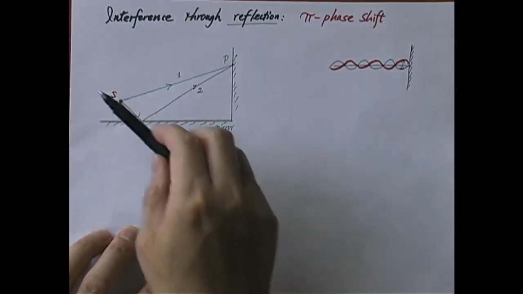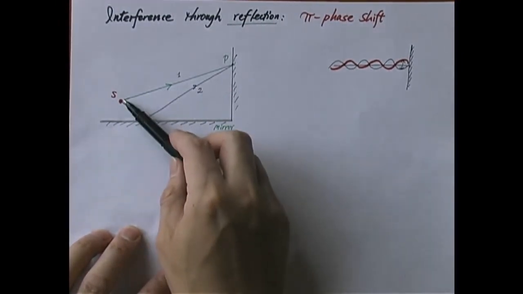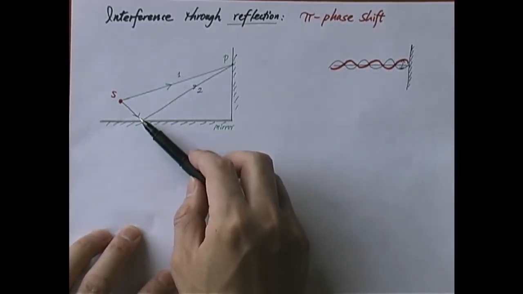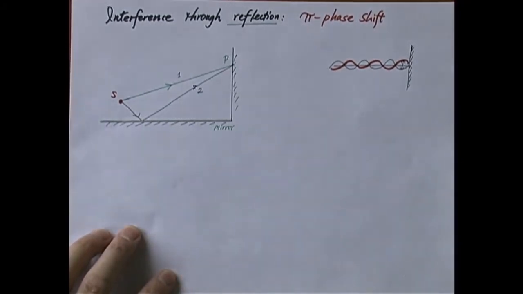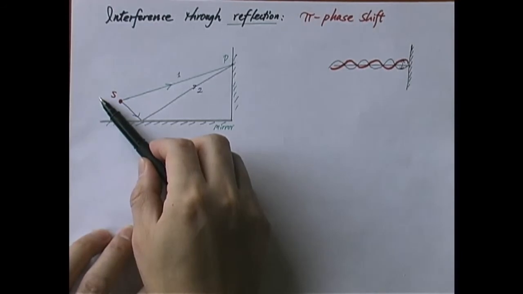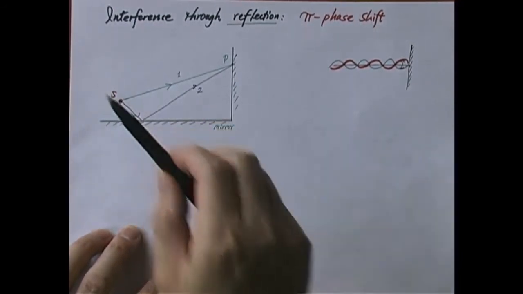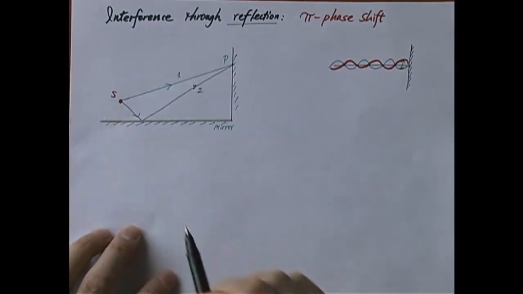For example, if this is air and this is water, then when light gets reflected off of the water surface going back to air, there will be a pi phase shift. Why? Because air is not as optically dense as water. In other words, n water is greater than n air. The index of refraction of water is greater than air.